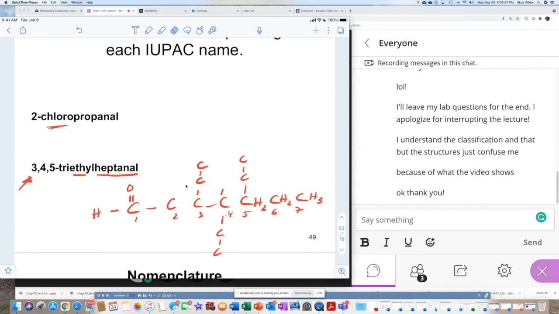Nope, hold on. H here. I can't be lazy like that. CH2, CH3, CH2, CH3, H, CH2, CH3, H, H, H. Woo! I did that. So that will be your structure essentially after I fill in everything.